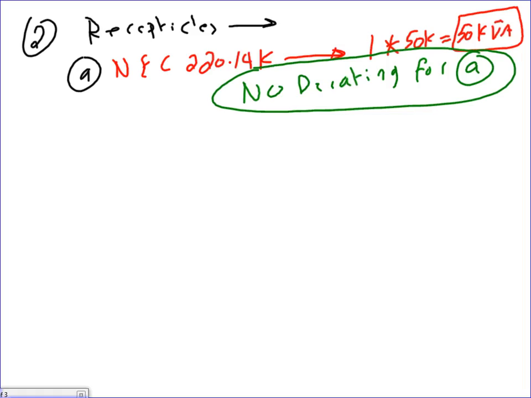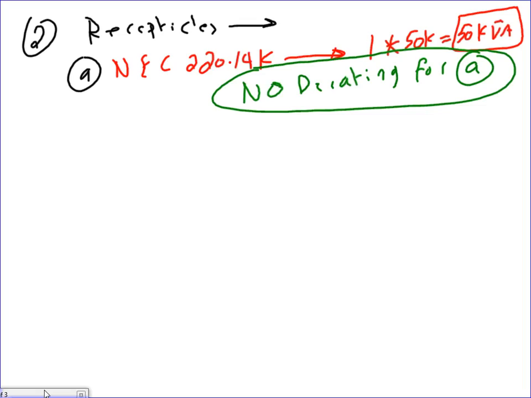No derating. So you just leave it as is. That's calculation number one. We're going to do two calculations, Ryan, and choose the largest.